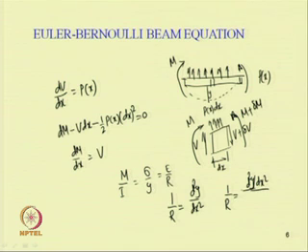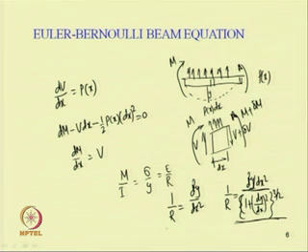For large curvature, 1/R equals d squared y by dx squared divided by (1 plus (dy/dx) squared) to the power 3/2. One may note that if one takes this denominator to the numerator and expands it, one will get a nonlinear equation.